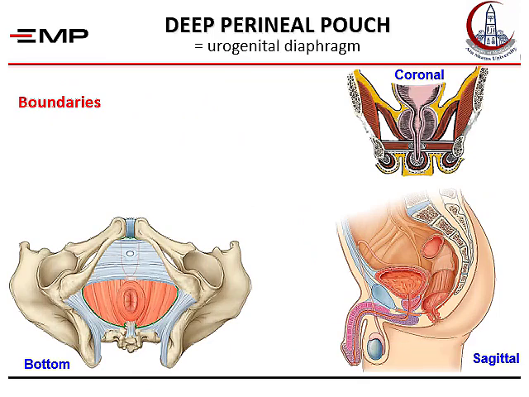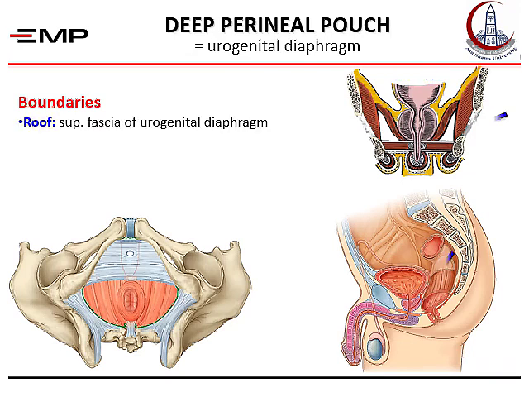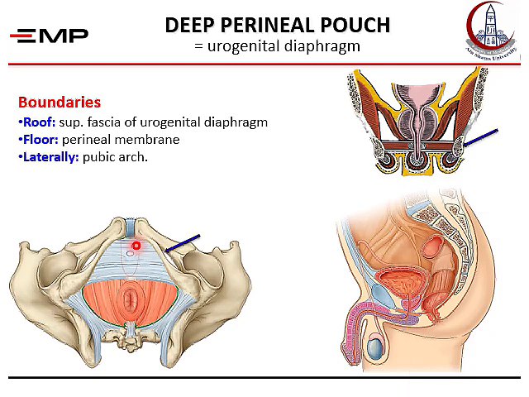The boundaries of the deep perineal pouch are: superiorly, we have the superior fascia of urogenital diaphragm. Inferiorly, we have the perineal membrane, or the inferior fascia of urogenital diaphragm. On each side, we have a pubic arch.